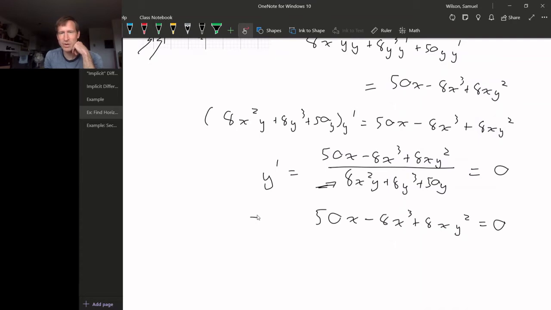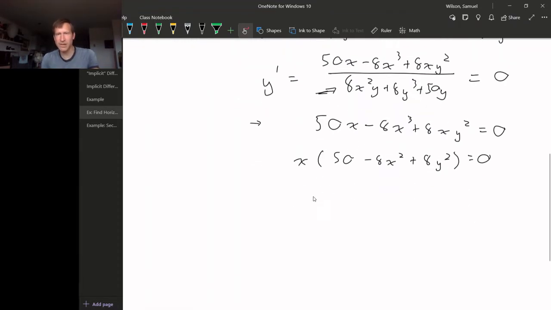So we're looking for points that satisfy this equation. So for one thing, we can factor out an x. x times 50 minus 8x squared plus 8y squared equals 0.